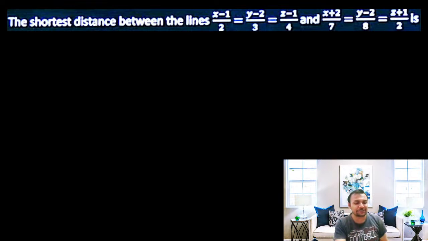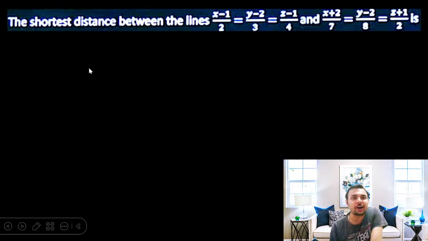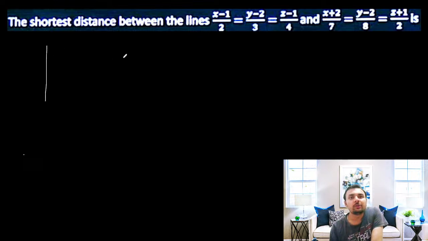Let's start to solve this question. This is a very basic question from the paper 1 discussion: shortest distance. If we go by shortest distance, we have the points (1, 2, 1) and (-2, 2, -1).